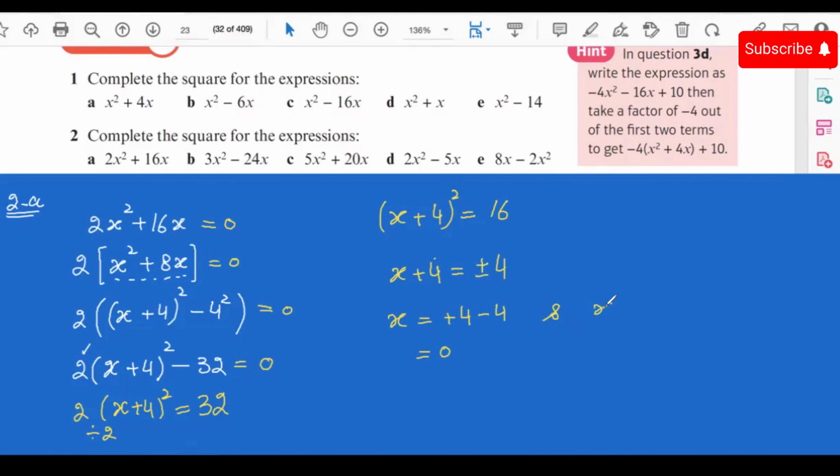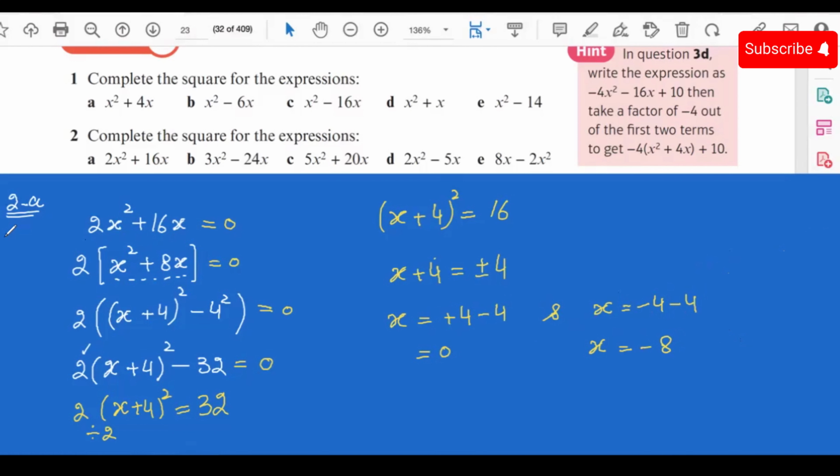The other one will be x is equal to negative 4, negative 4, so negative 4 and negative 4. So x is equal to negative 8. So this is the way of solving complicated quadratic equations using completing the square.